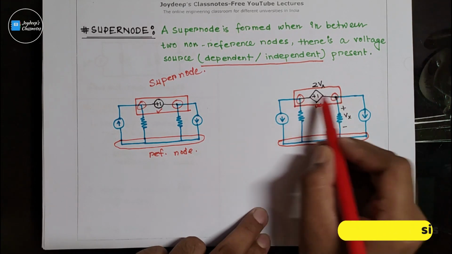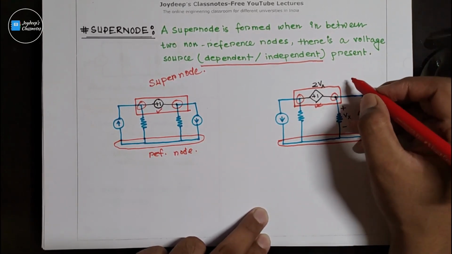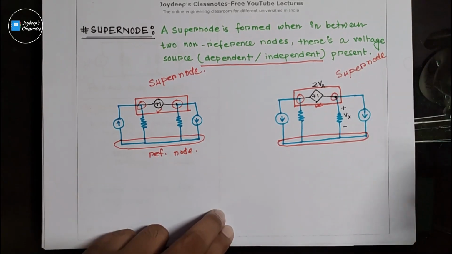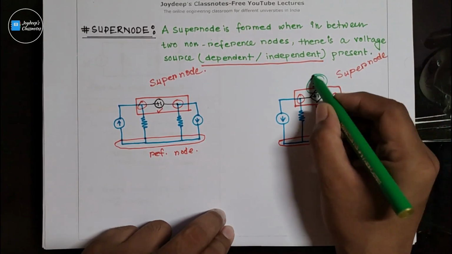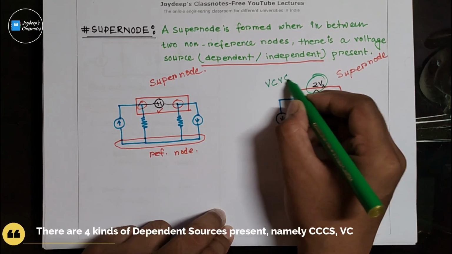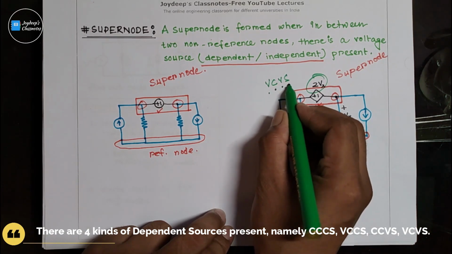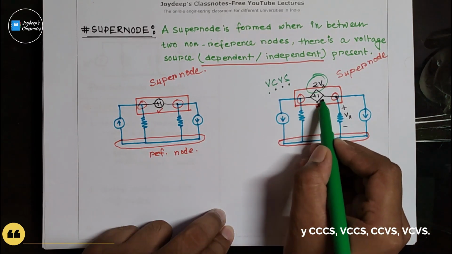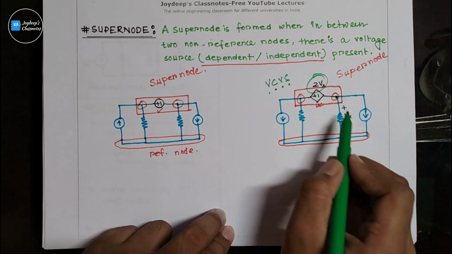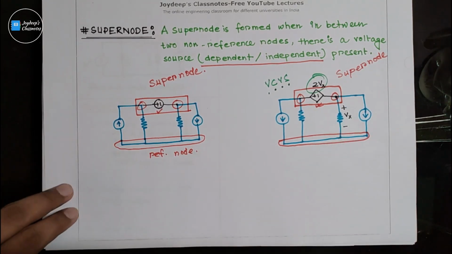This dependent voltage source is a voltage controlled voltage source, VCVS, because the magnitude of this voltage source depends on the magnitude of this voltage, Vx. So let's move to the next slide.